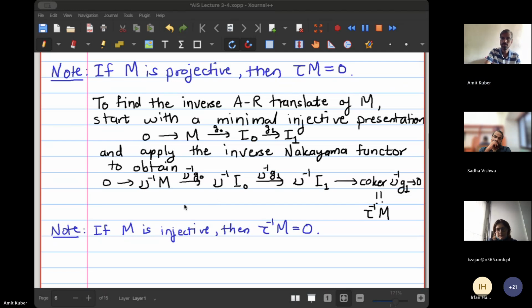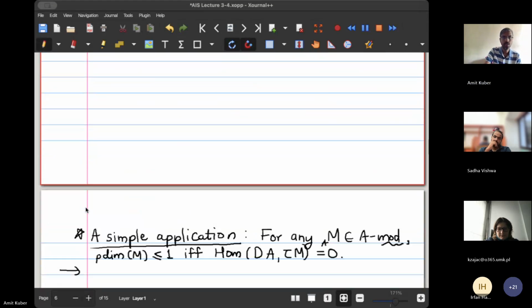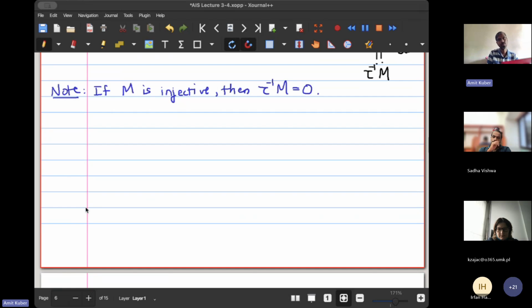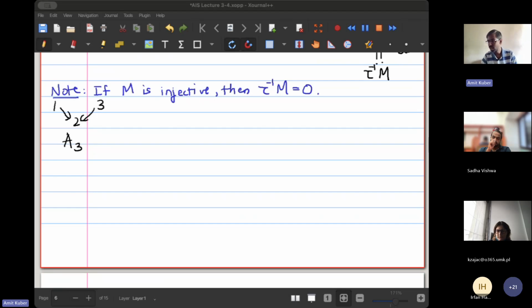Okay. So let us compute one example. I'm going to consider this particular version of the quiver A3, with vertices 1, then 2 and 3. Hopefully you all remember what the indecomposables are.